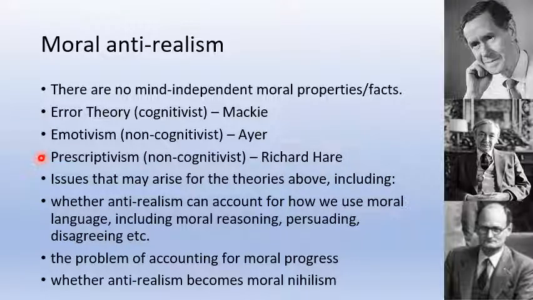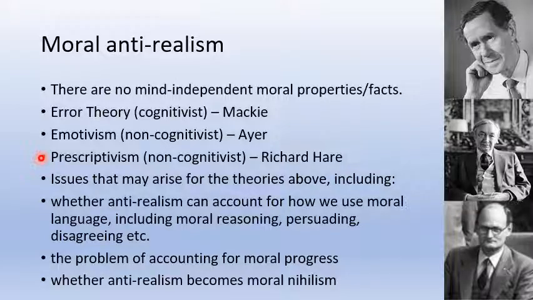Then prescriptivism, non-cognitivist, anti-realist, like emotivism. All it's doing is saying that moral language expresses fundamentally something different, that is not fundamentally expressing emotions for Hare and prescriptivism. It's fundamentally expressing commands about the world or about certain actions.